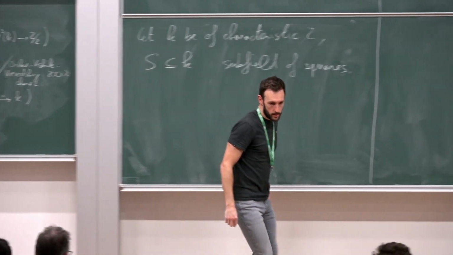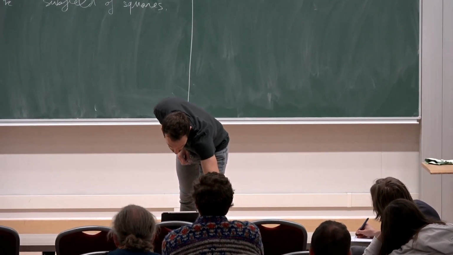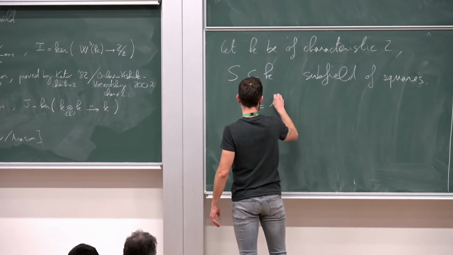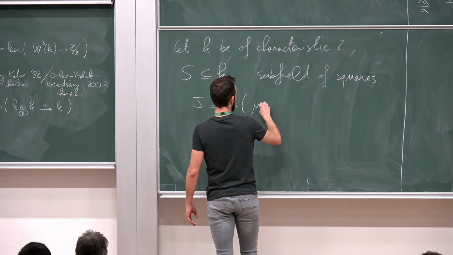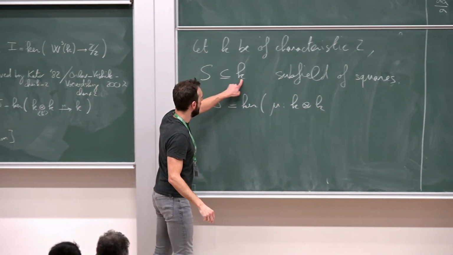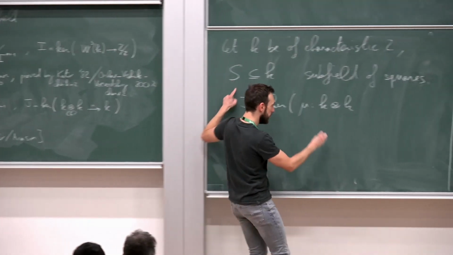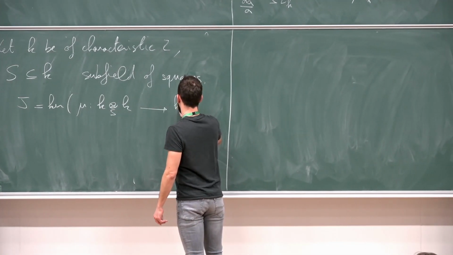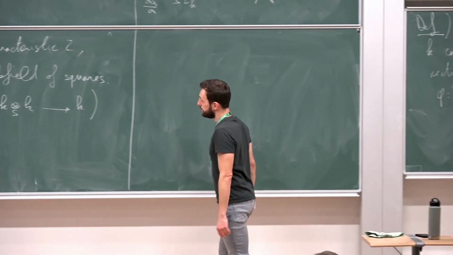I can now define J to be my ideal, the kernel of the multiplication map. It's a subfield, so I can regard K as a vector space over this field and tensor them together.